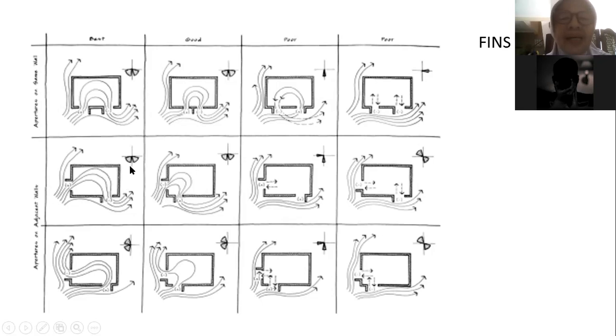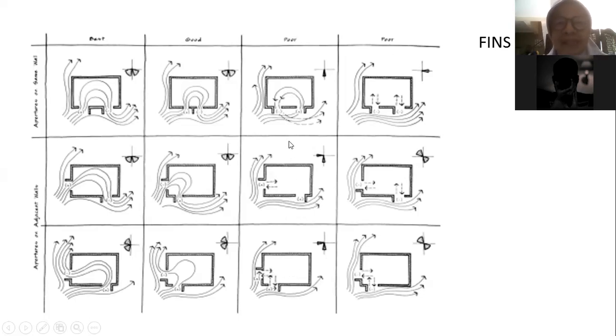Then we have to take into consideration positioning the fin on the facade. And here we can see the best condition, good, poor, or here is also poor.